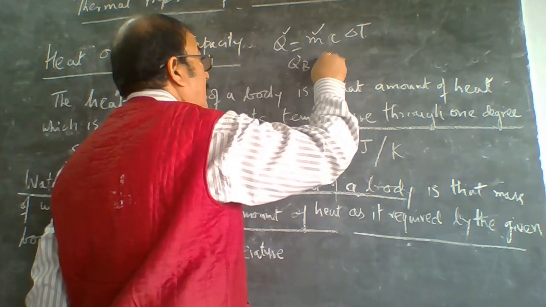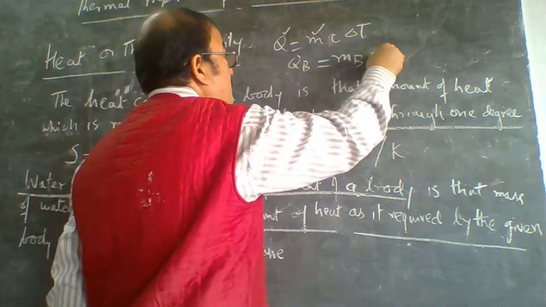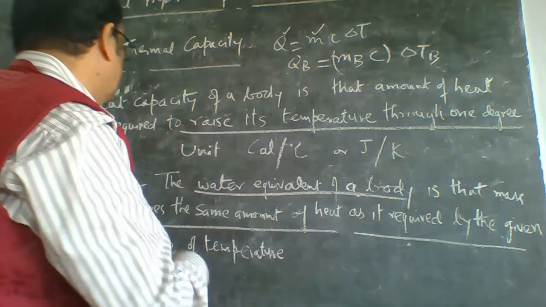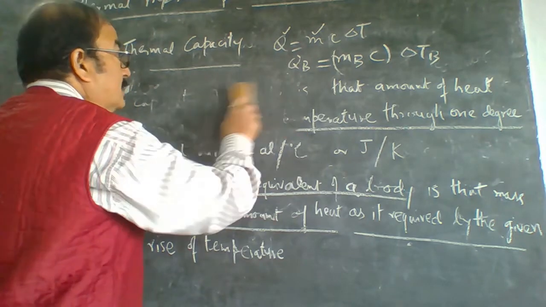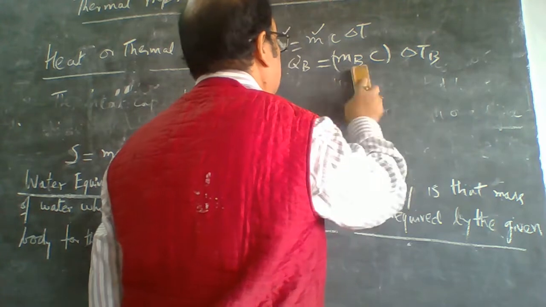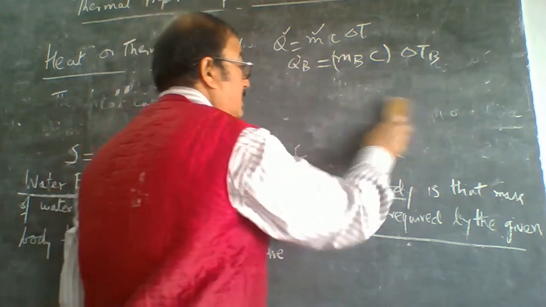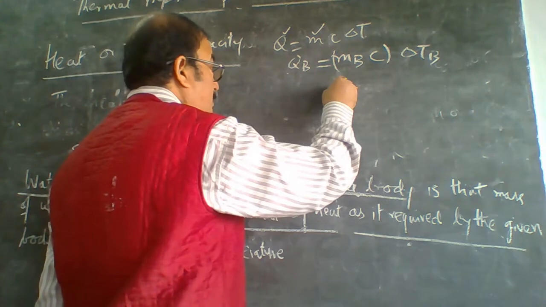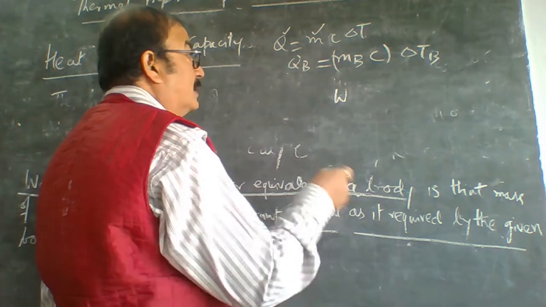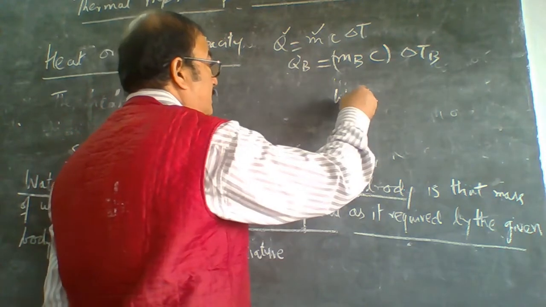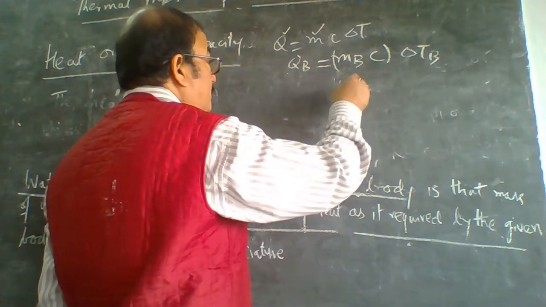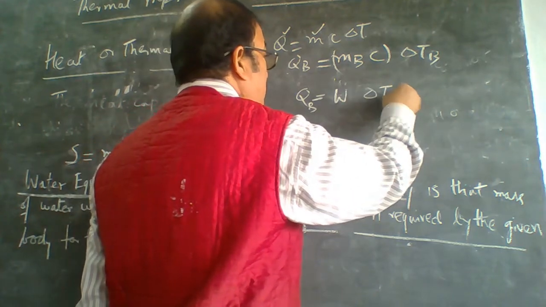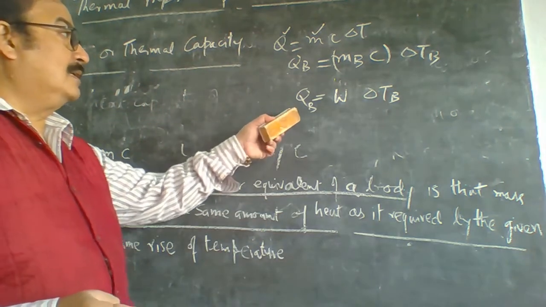Delta T. तो आप Q_B equal निकालेंगे mass of that body into c into delta T_B. अब water equivalent जब हम लोग discuss करेंगे, when we discuss water equivalent, then remember, suppose we don't know the specific heat of this body, we don't know the exact mass, but if we know the water equivalent, then remember, suppose we take it as W, and water equivalent of this substance will be the same as that mass of water which takes the same amount of heat to raise the same amount of temperature. ये amount of water ये मालूम है.